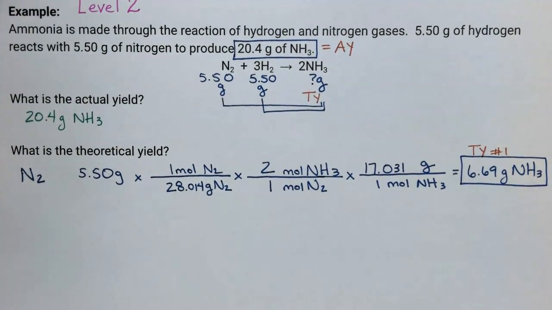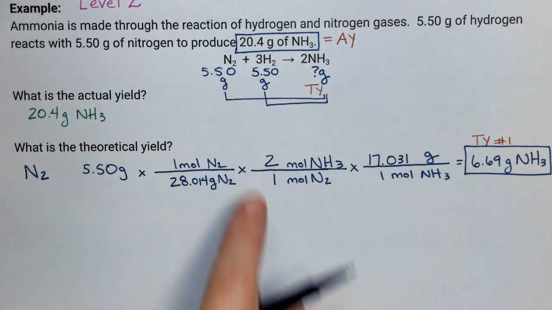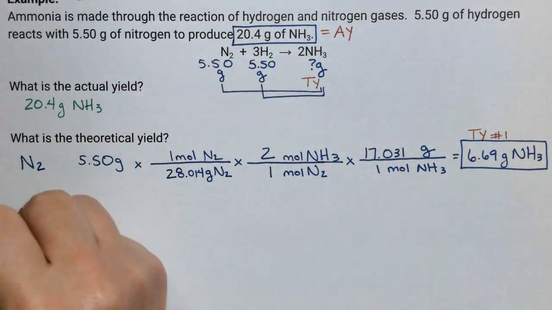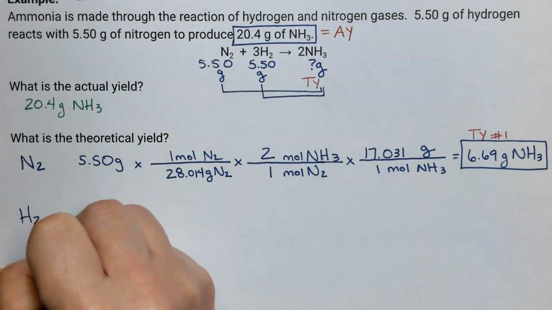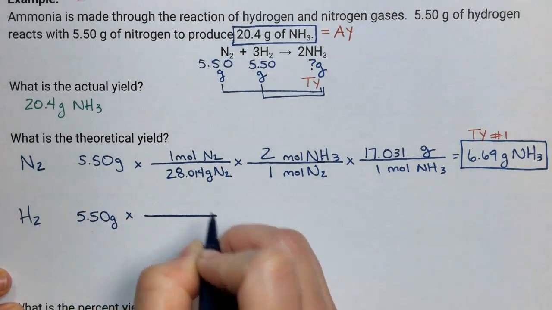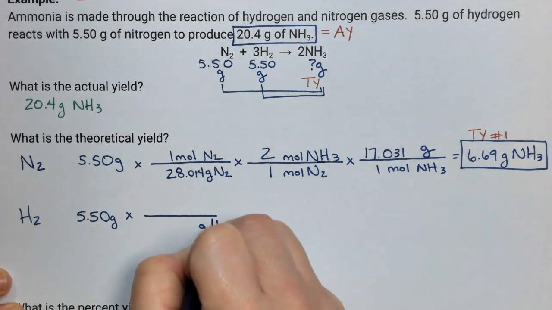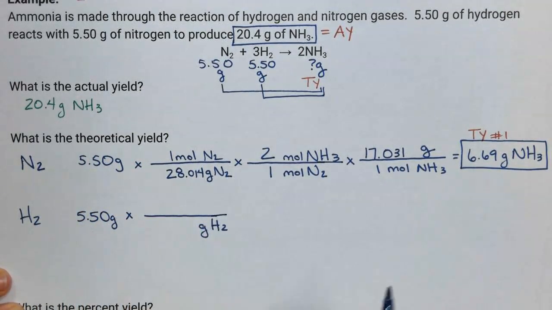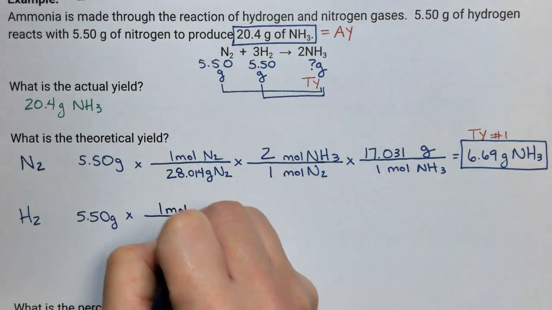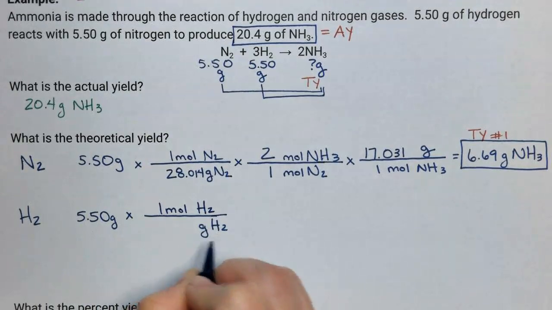Now I'm going to need to calculate the other possibility based on the hydrogen that I've been provided. And so now we will calculate for hydrogen. If I have 5.50 grams of hydrogen, bring down grams of hydrogen, and we're going to get the mass from the periodic table. That's going to equal 1 mole of hydrogen.